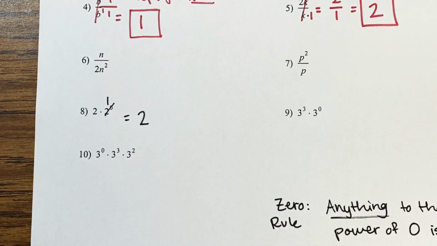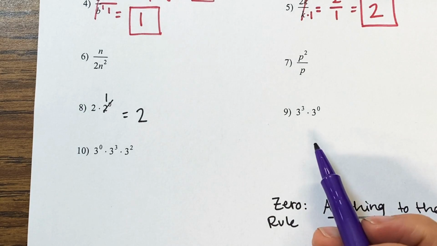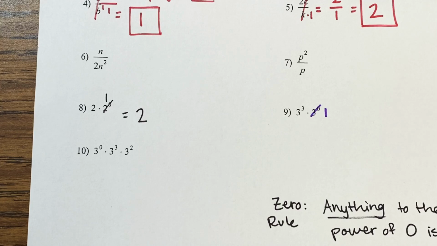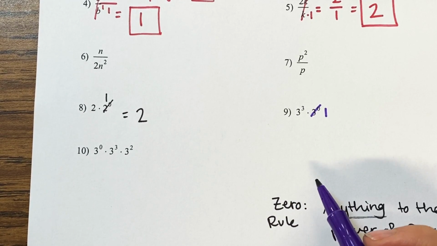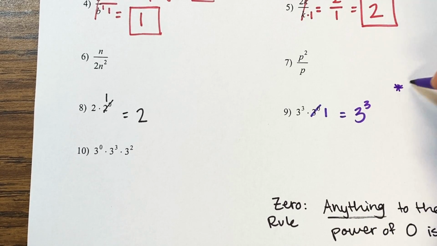Okay, what about 9 and 10? Where can we replace the something to the power of 0 and get it to equal 1? On 9, I see 3 to the power of 0. Great job. That's just 1. Okay, well, what is 3 cubed times 1? It's 3 cubed, because I want you to write this. Anything times 1 is itself.